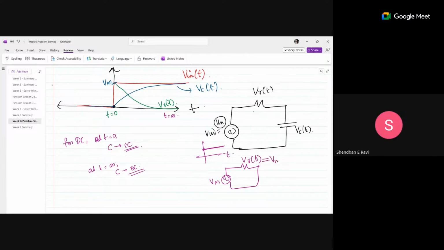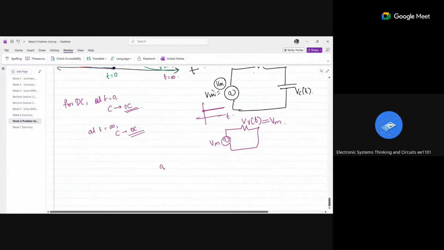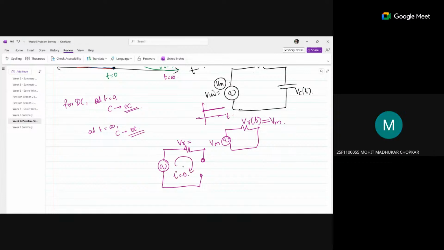It will be VR, which is equal to Vm. At time t equal to infinity, my capacitor will become an open circuit. So what will be the current flowing in the loop? It will be 0. What will be the voltage drop across the resistor? 0. So all my potential will be across the capacitor.